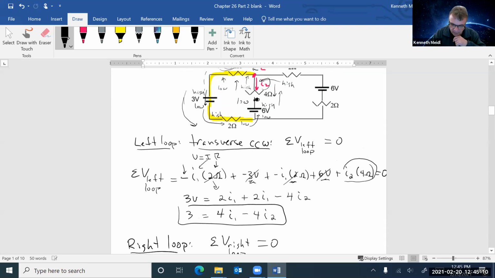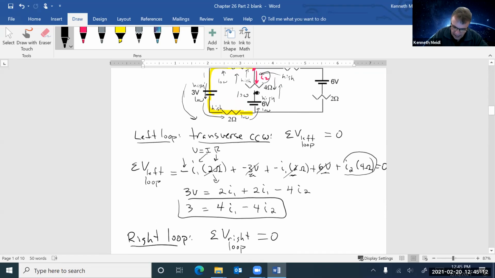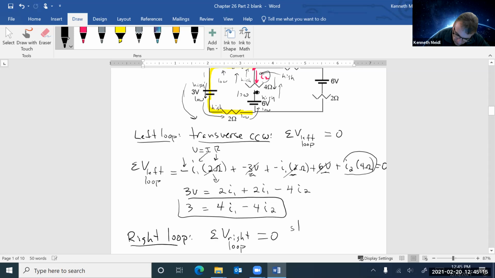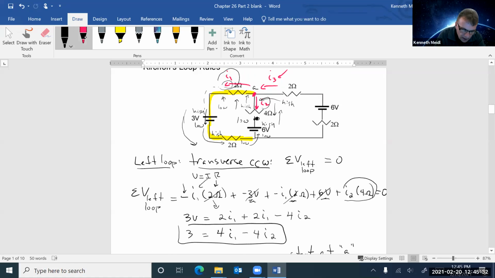I'm going to start at A, and I'll go clockwise. So I'm going to start at point A, go this way around that loop, and then get right back to A.